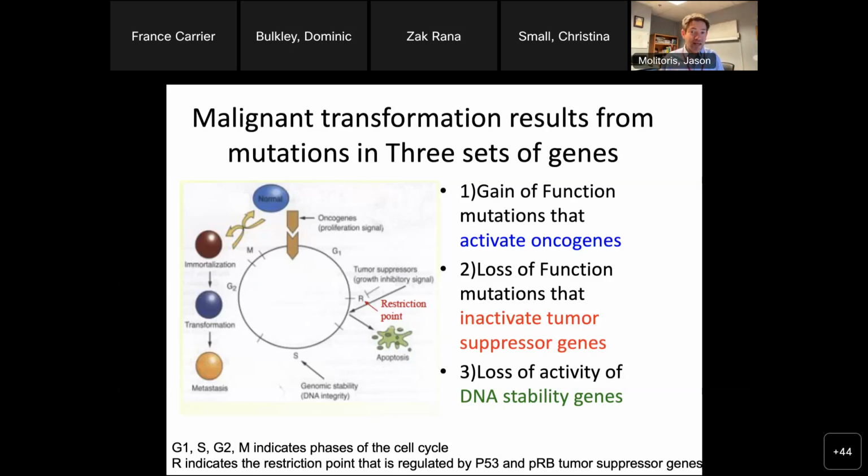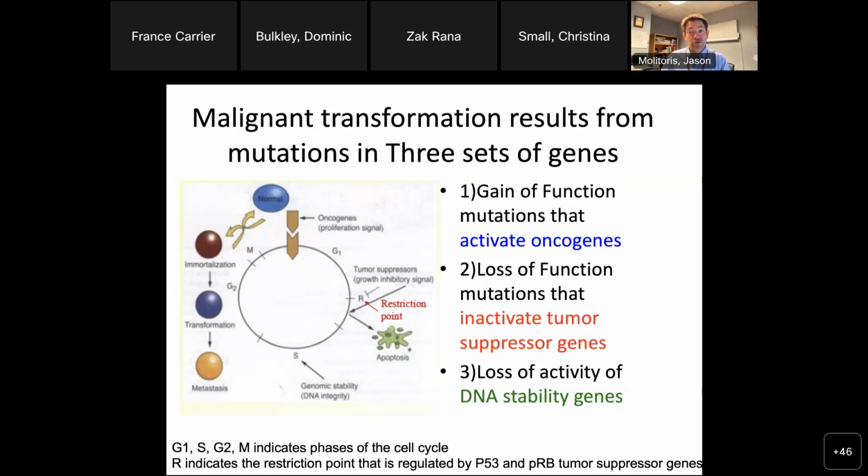If you think about this from the point of view of the cancer, from an anthropomorphic standpoint, the cancer wants to activate genes, oncogenes, or activate genes that cause it to grow. Okay, and then it wants to inactivate tumor suppressor genes, or genes that would either cause it to stop growing or die. And then there needs to be a change in the DNA stability genes.